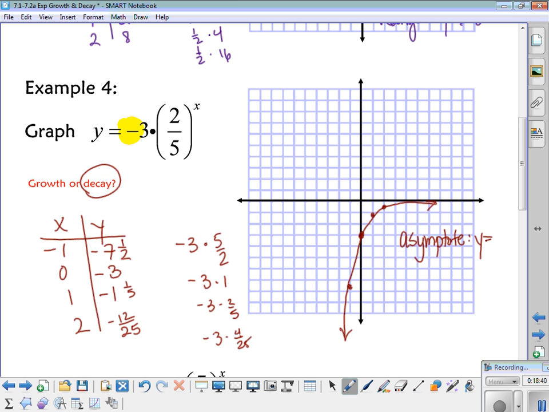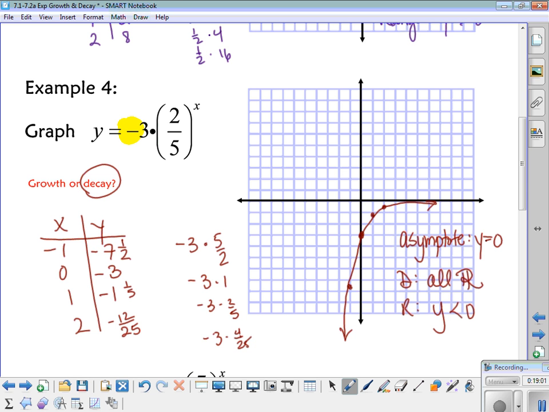So it's the line y equals 0, or again the x-axis, either way. The domain is all real numbers. But what about our range this time? Now y is less than 0, okay? Because it's all under the x-axis, because it's a reflection.